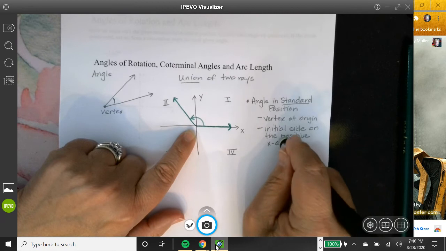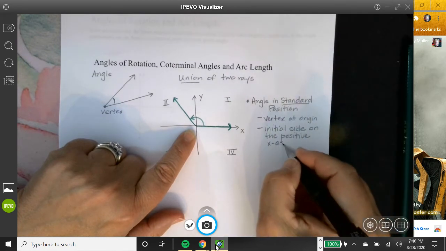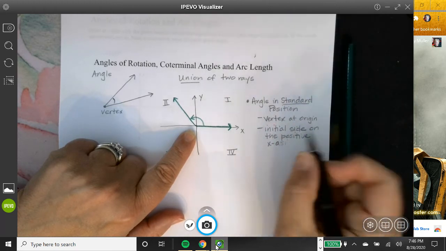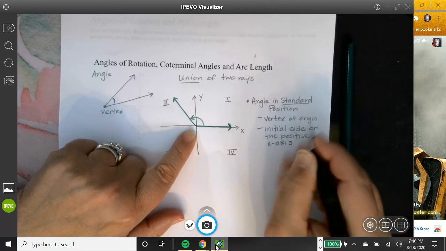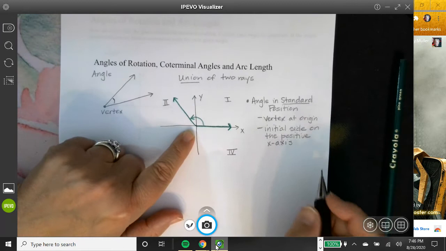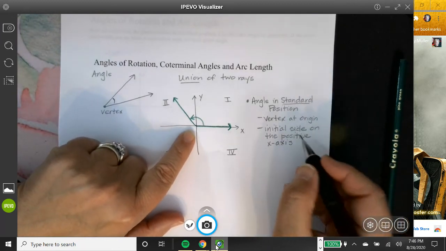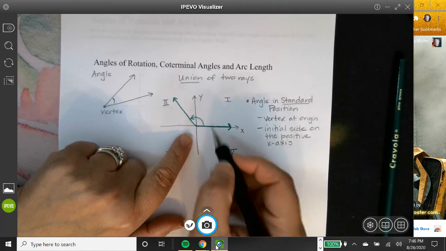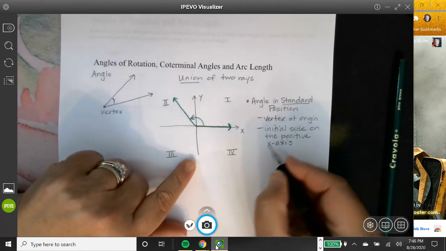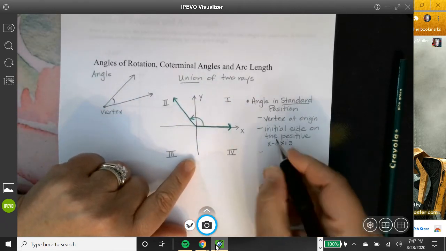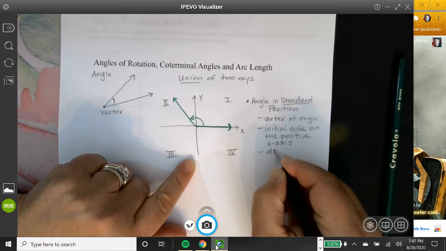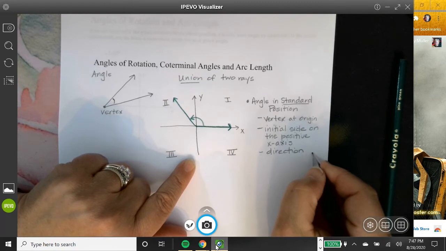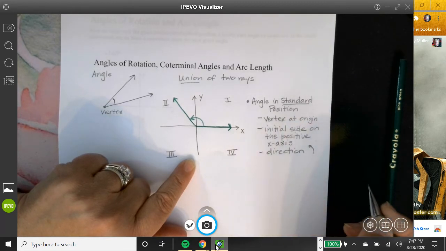Oops, I can't spell axis today. Let's try better. There we go, on the positive x-axis. Okay, so we have our initial side on the positive x-axis, and our terminal side we put wherever our angle ends. And then we have a direction. We show direction with our direction arrow.